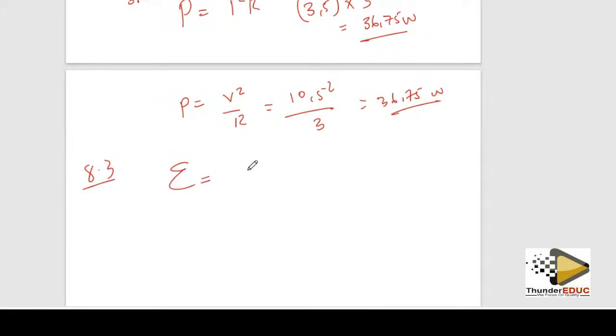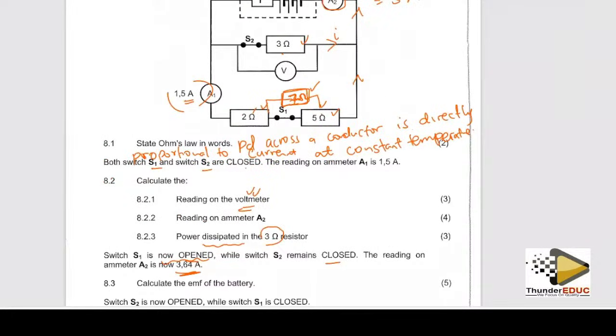From the EMF formula, we know that it's current into capital R plus the small r. Okay, we don't know the value of the small r. So initially our EMF would have been, we say, the total current that is passing through the circuit. What answer do you get for 8.2.2?